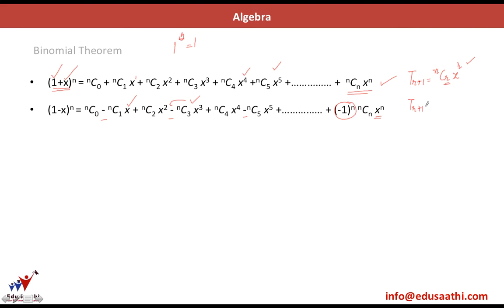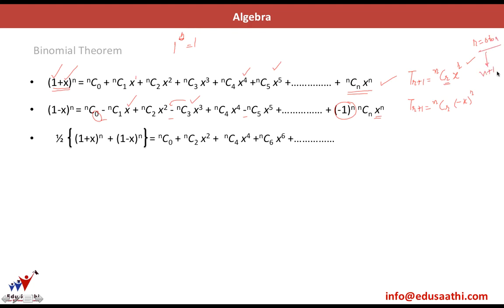So any general term tr plus 1 would be given as ncr minus x raised to power r that you will have. So first term it will be nc0, and the value of r can vary from 0 to n, giving me n plus 1 terms.